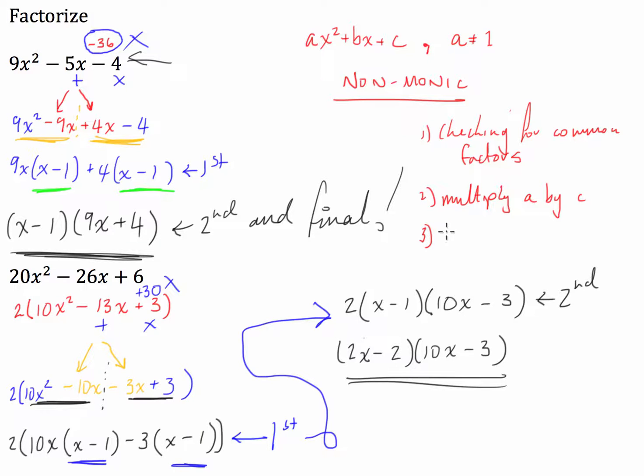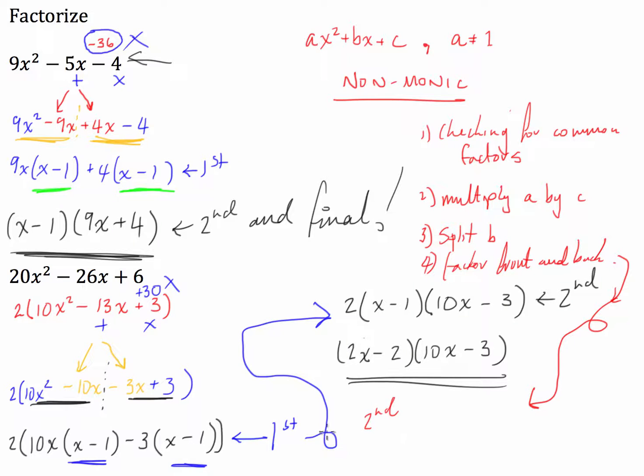You then split B, like with a monic, by finding something that multiplies together to give the number that we found by multiplying A by C, and adding together to give our B, and that's what our B will split into. 4, we then factorize, so factor front and back. And then if there's a common factor with the front and the back, we then finish with our second, so this would be 5th step, second factorization.